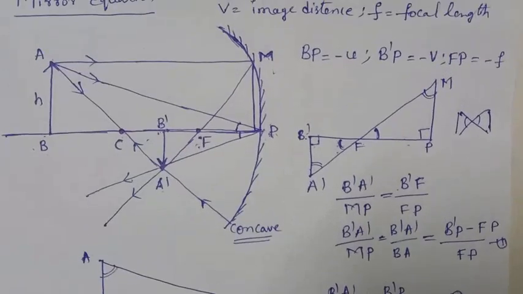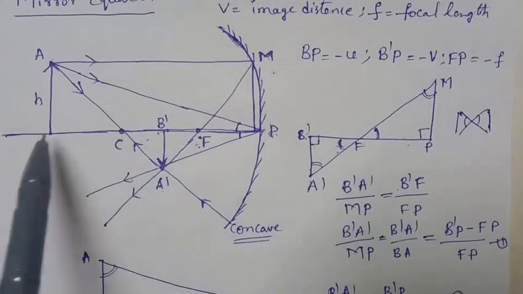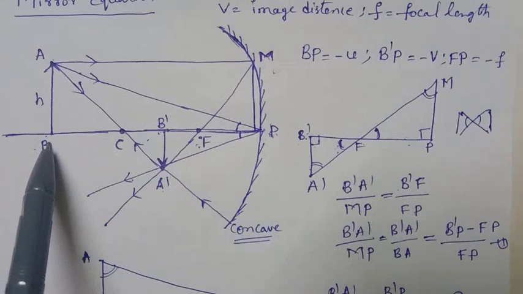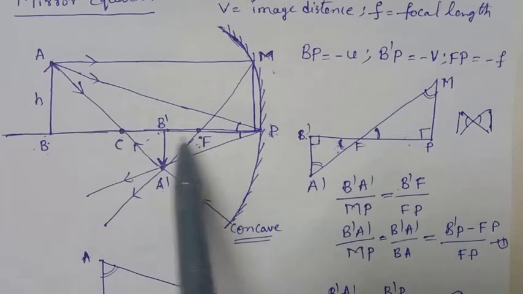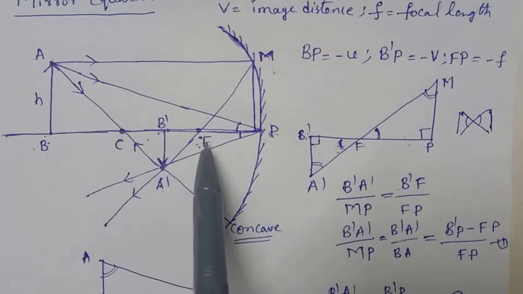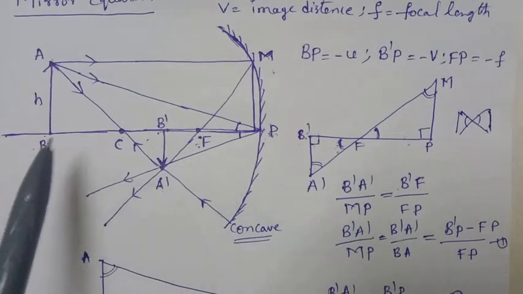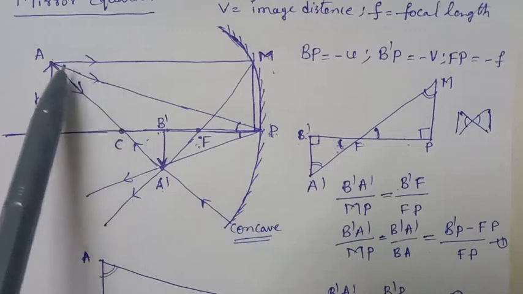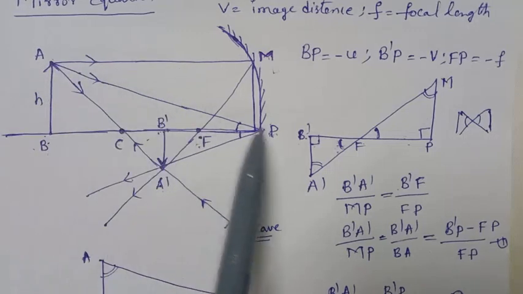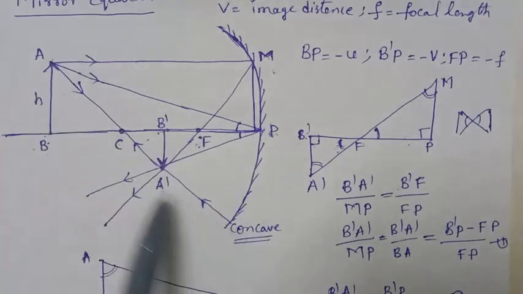Okay, so what I can do here, first of all I will take an object beyond the center of curvature. We are getting the image in between the center of curvature and focus. But the image will be inverted in manner. Okay, I am considering 3 rays. So first is parallel, another will be across the pole, another will be center of curvature.